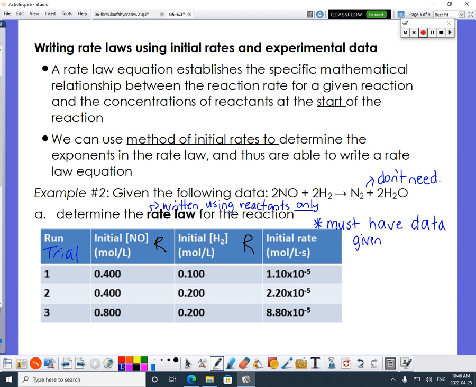Of course, we are eventually trying to write a rate law that looks like this. We put rate, then you put k first. It doesn't really matter because it's multiplying. Most students just go in the order that you're given them. And we are trying to find the exponents. We don't know what this is, and we don't know what this is.